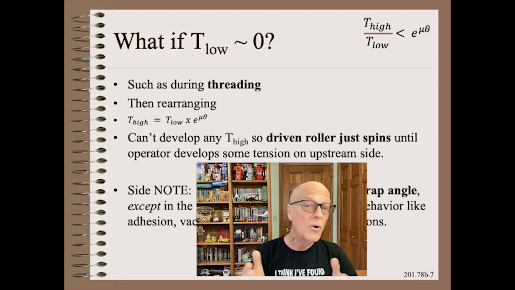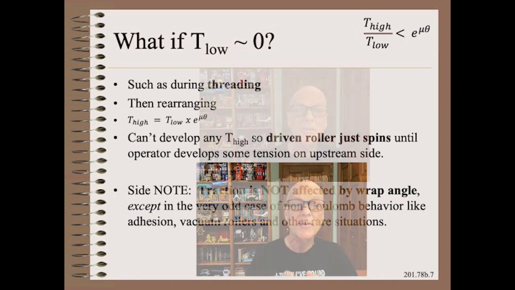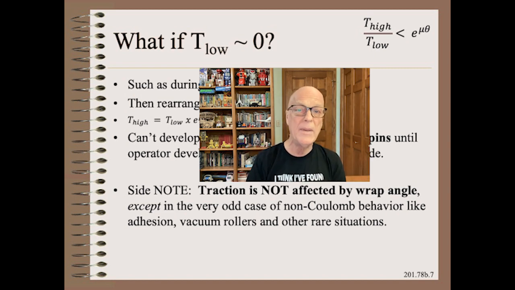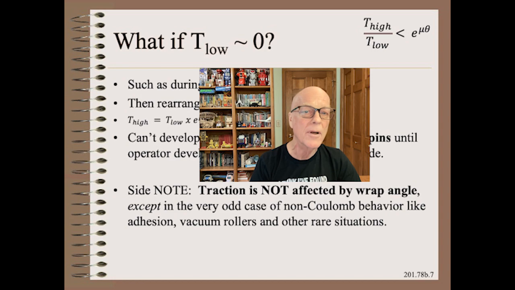On another note that might surprise you because it defies intuition, traction is not, I repeat, not affected by wrap angle, except for in the very rare and odd cases of non-Coulomb behavior, such as adhesive and vacuum rollers and a few other situations.